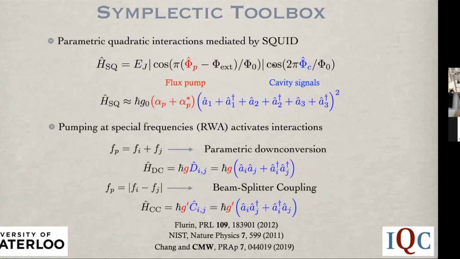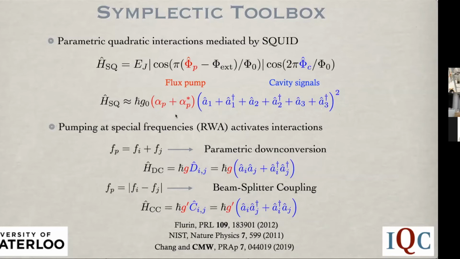Essentially, the squid has a cosine potential for the system. If I expand that cosine to lowest order, and I also have the pump coupling, I get these operators, A1, A2, A3, that describe my different modes. When I square this, I get all of these cross terms, so I have all these quadratic interactions between the modes, but all of those have a particular frequency or time dependence in the interaction picture.